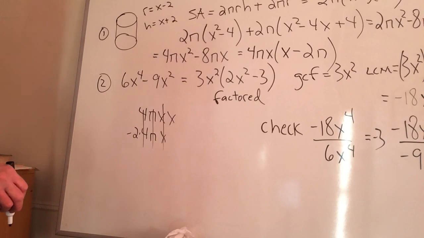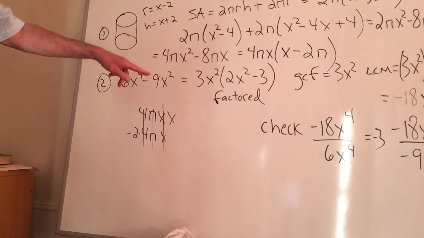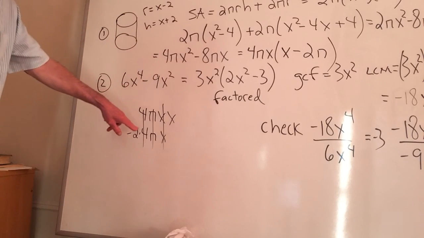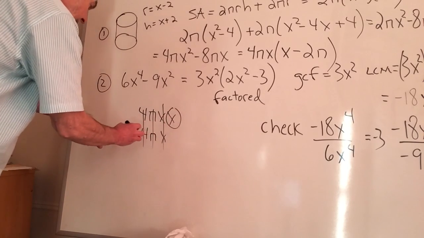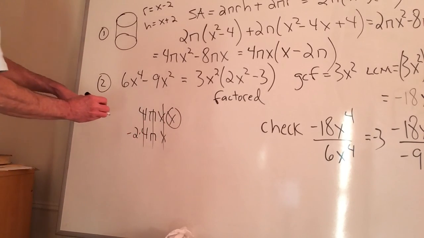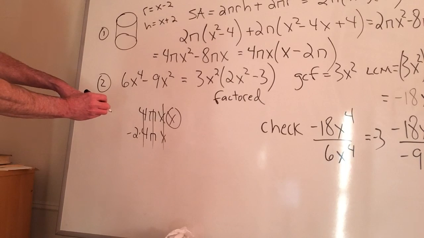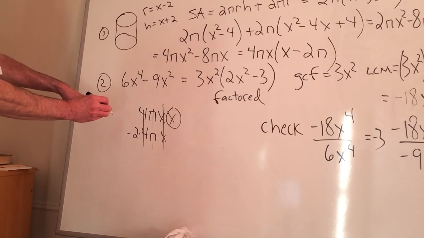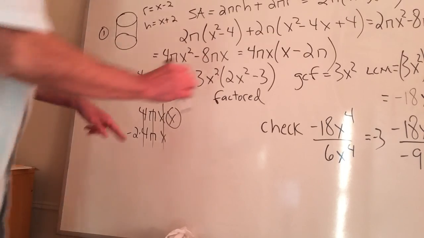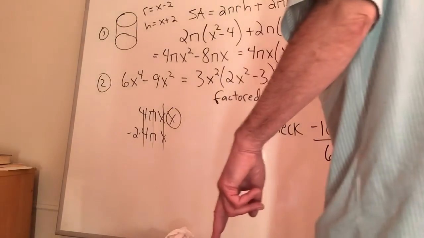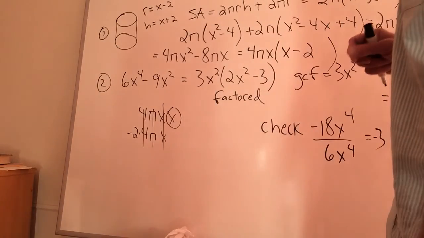What's left over? Well, an x and a minus 2, not 2 pi, because that would be pi r squared. So there, I fixed that up right there.